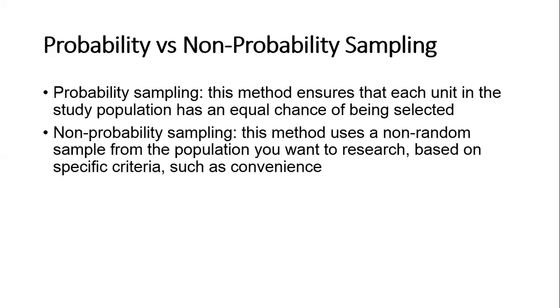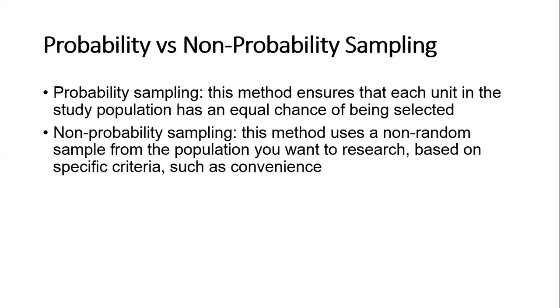Probability sampling is the popular method of sampling. Like I do say from time to time, probability is very important in analytics. Very, very important. It's one of the basis for most of the things that are done in data analytics.